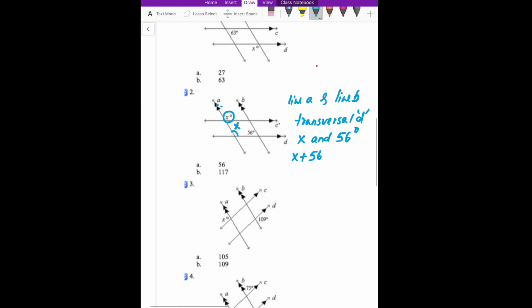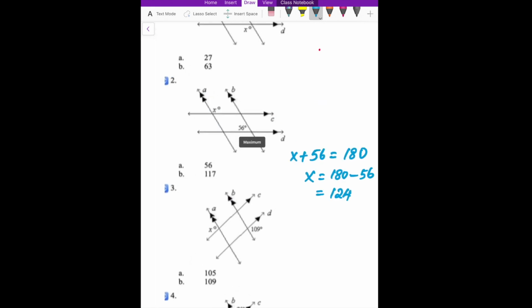So that means X plus 56 equals 180. So X is equal to 180 minus 56. That is going to be 124. So what is that option? 124, that is C. So option C is the answer for number 2. Now let's move on to number 3.